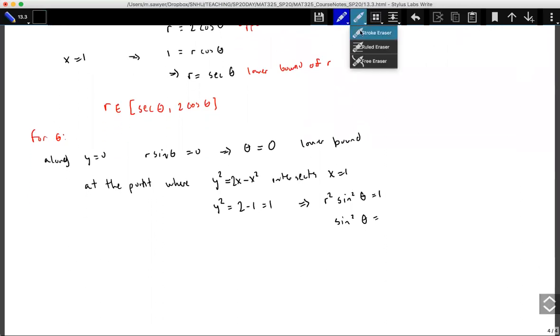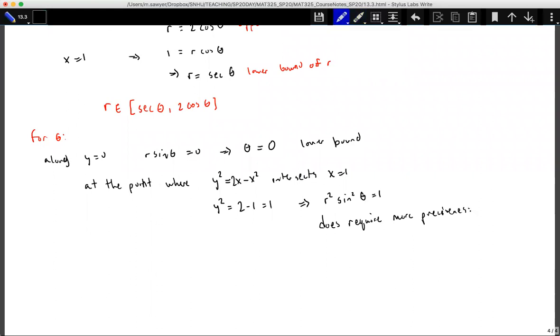This is one way to go about it. So this does require more preciseness on r. So an easier way is to consider the line y equals x as the intersection point.